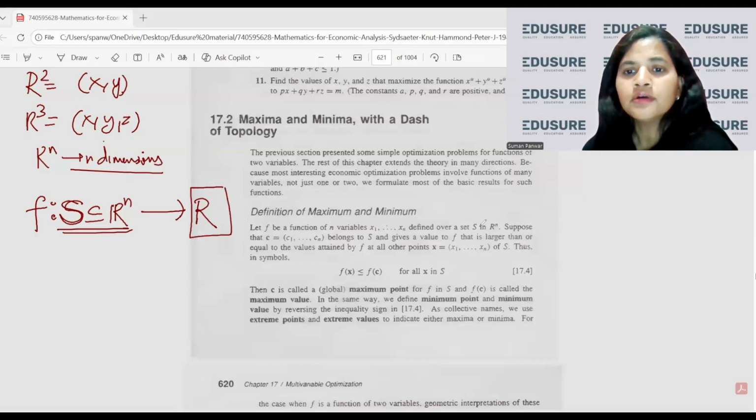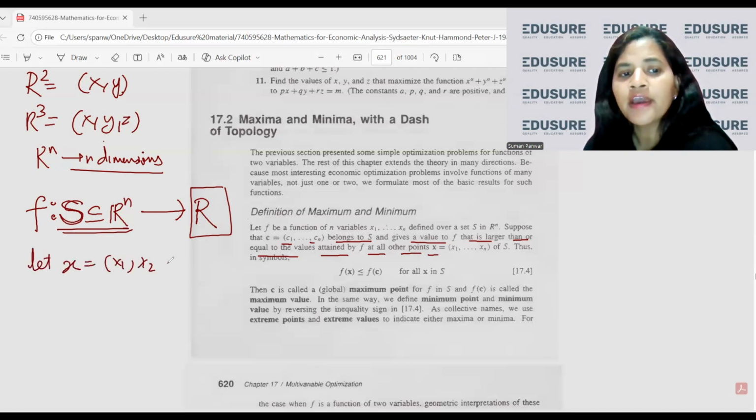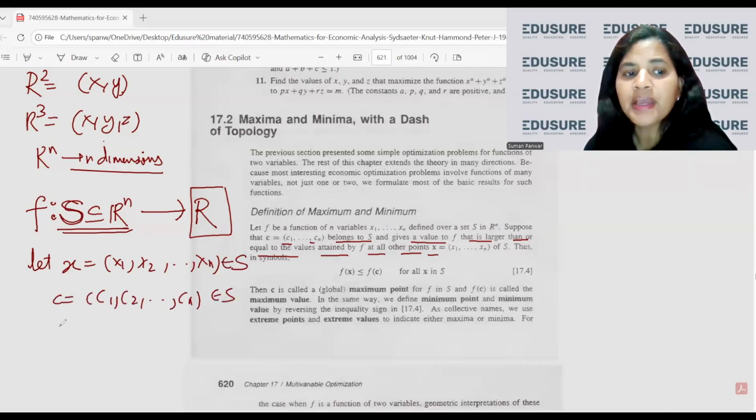Suppose c = (c1, c2, ..., cn) belongs to S and gives a value of f that is larger than or equal to the values attained by all the other points in S. So let us denote x = (x1, x2, ..., xn), an arbitrary point in S, and c = (c1, c2, ..., cn) is a particular point.